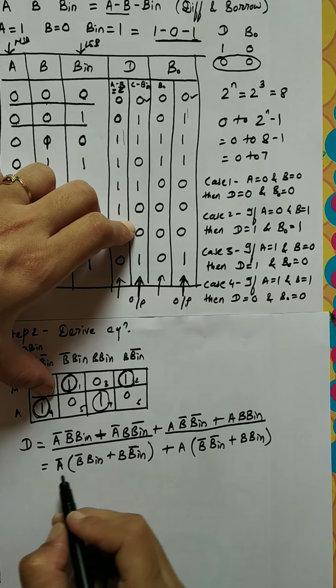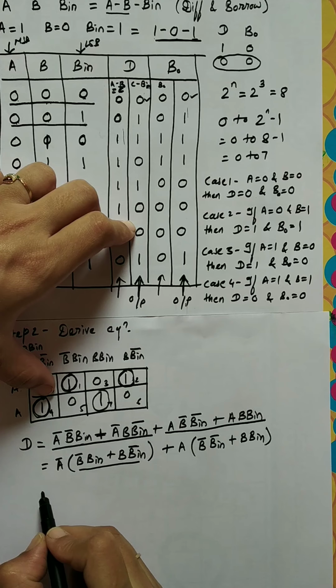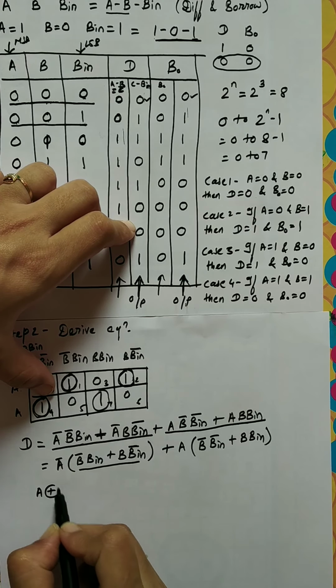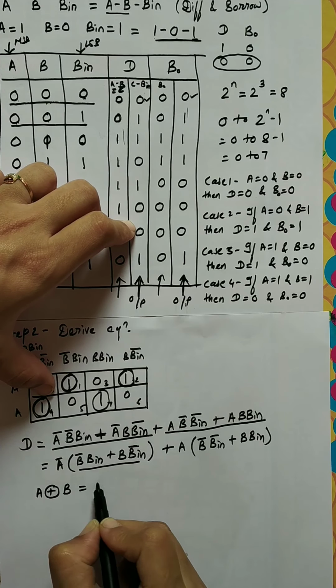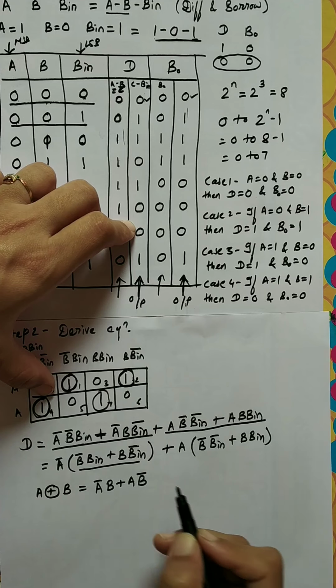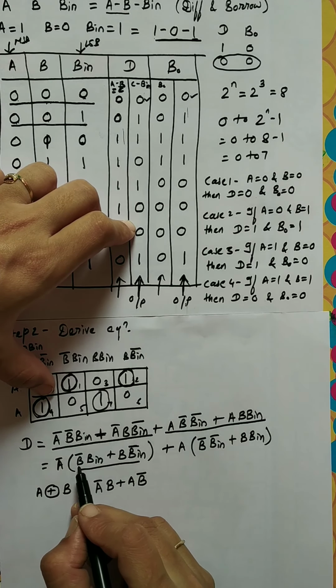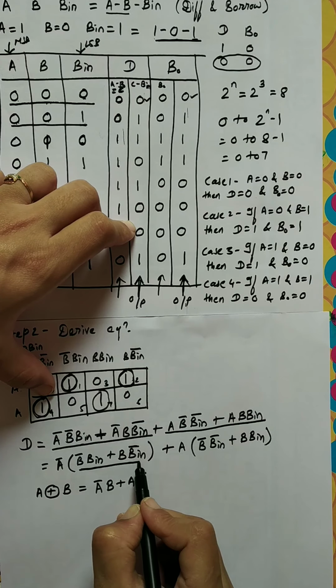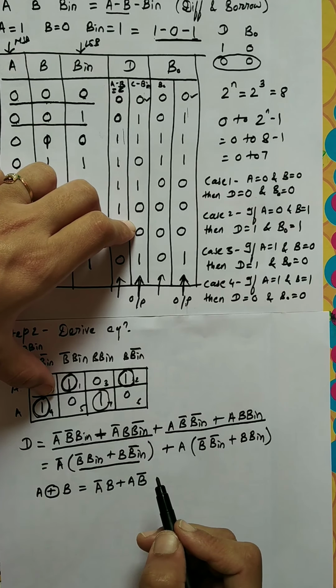Now this is the formula for A XOR B. For example, if I'm having A XOR B, its formula is A bar B plus A B bar, right? So here the XOR formula is in the form of B bar C plus B C bar, right?